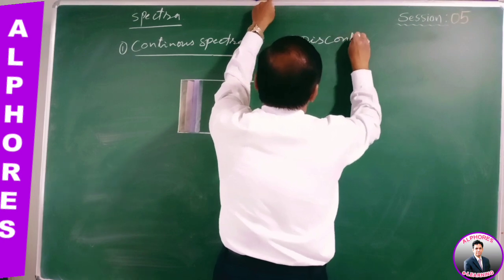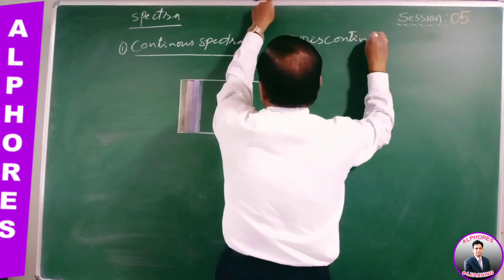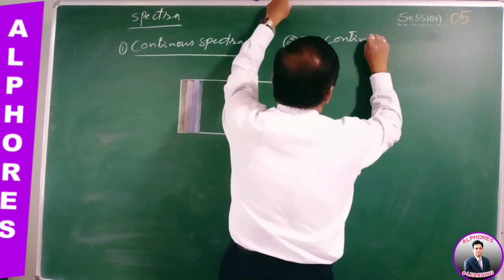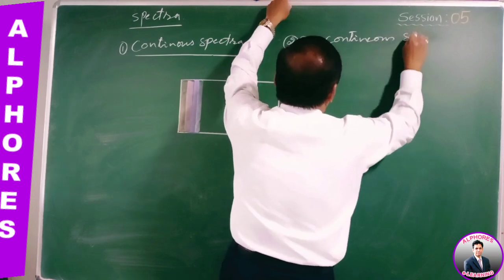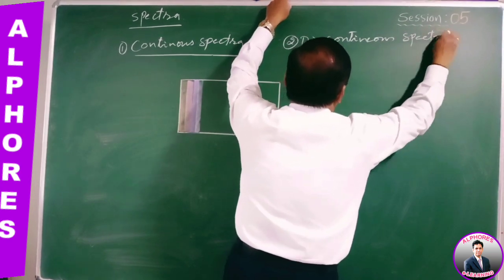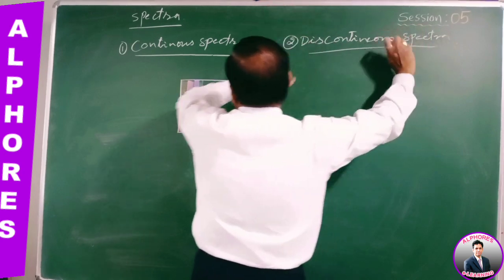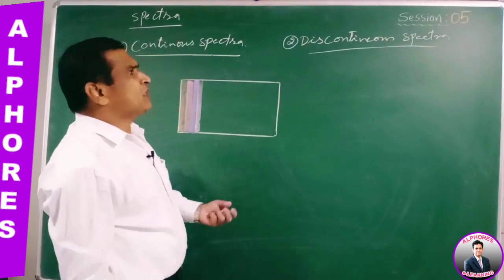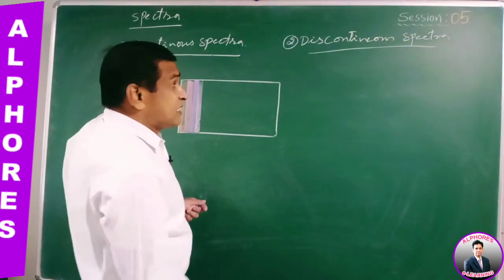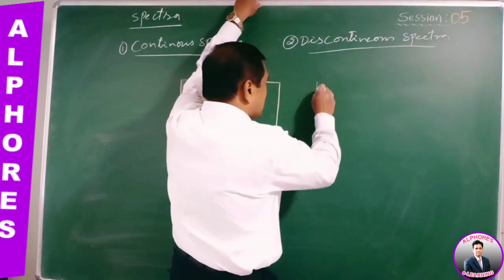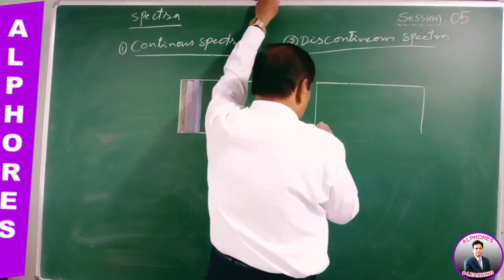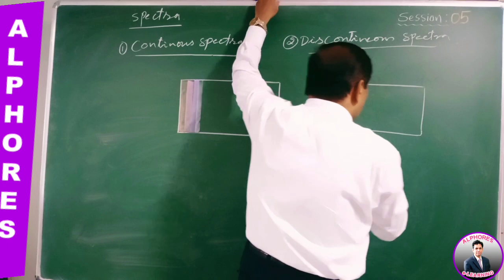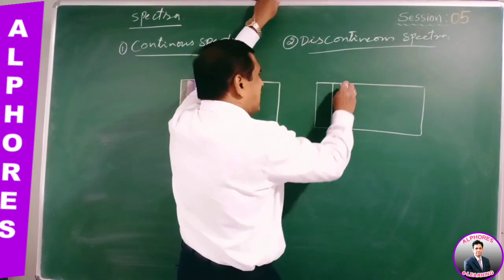Discontinuous spectra. The discontinuous spectra is the spectra in which the spectral lines are well defined with gaps.